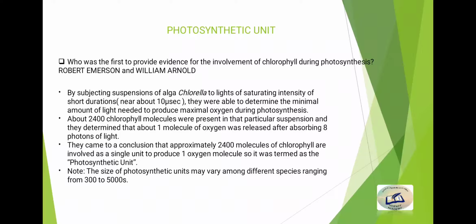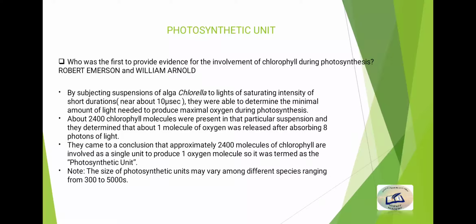And then they determined the minimal amount of light needed to produce maximal oxygen during photosynthesis. Here maximal oxygen means they recorded how much light is required to produce 1 unit of oxygen during photosynthesis. That basically works as a unit for photosynthetic unit determination.